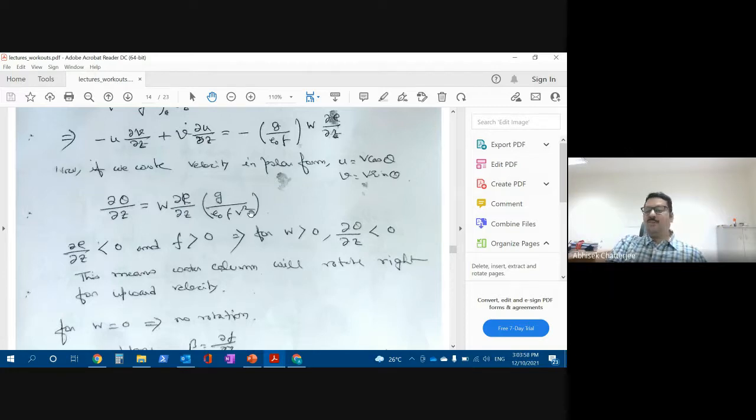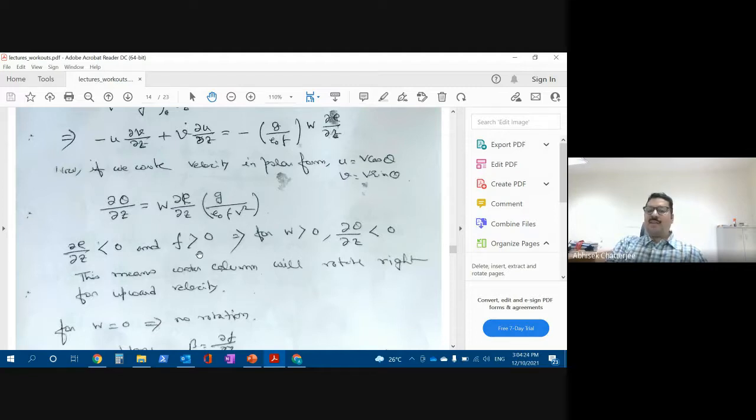Now this has a very good physical meaning, which is written here. Del rho del z is less than 0, so density is increasing in the vertical. We know that z is negative in the ocean, so since density is increasing in the vertical, del rho del z is always negative.